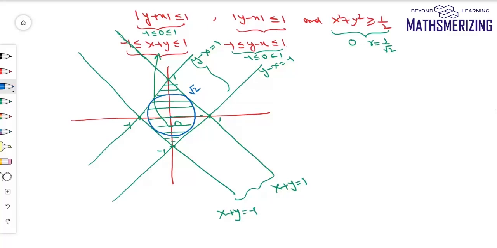Now if I put origin here inside the circle, I'll get 0 is greater than or equal to 1 by 2. So that means the region lies outside the circle. So the answer to this question will be the region represented within the square which lies outside the circle. So that's the region we are talking about.